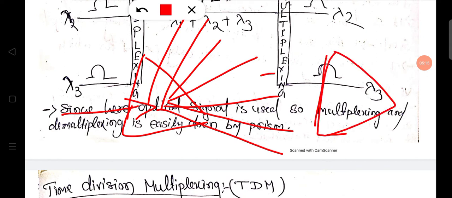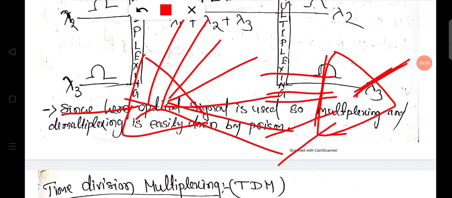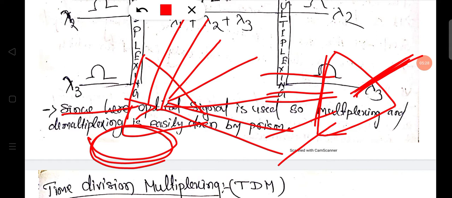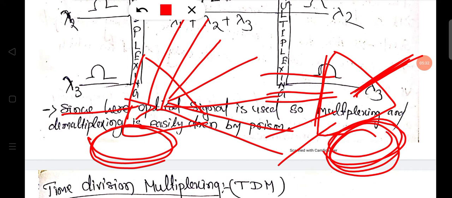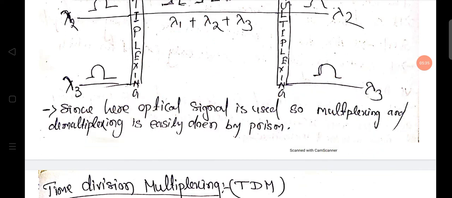When the 7 colors of light are incident on the prism, they come out as one single combined light. So here modulation happens in one direction and demodulation in the other, so a prism can be used as a multiplexer or a demultiplexer.